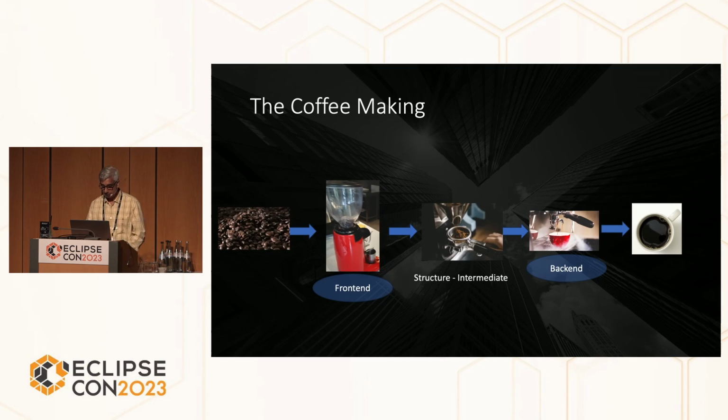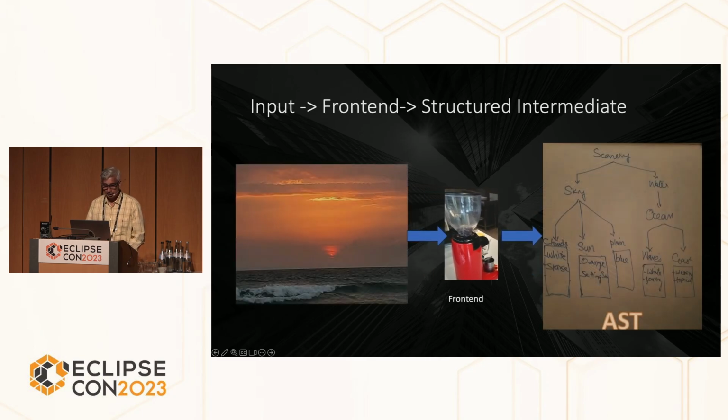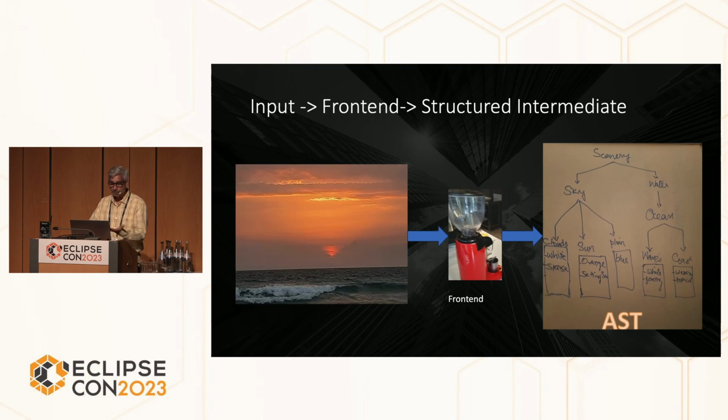Now, to the bigger picture. We are still looking at the beans, the front end, and the intermediate structure. From the picture's point of view, what will it do? It will take this picture and convert it into a syntax tree, which will have sky and, I think, water. Even I'm not able to read what I've written. Yes, I think it's water, and it'll have its own properties, and some properties could be derived.